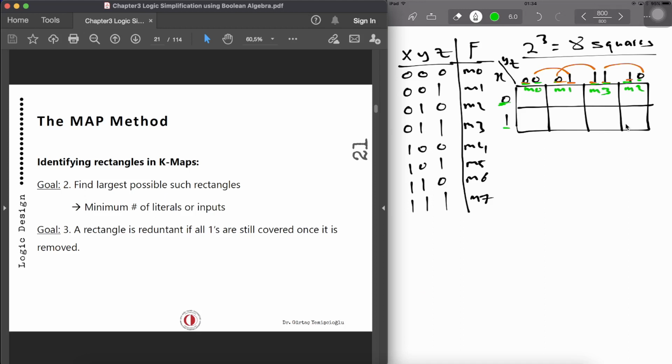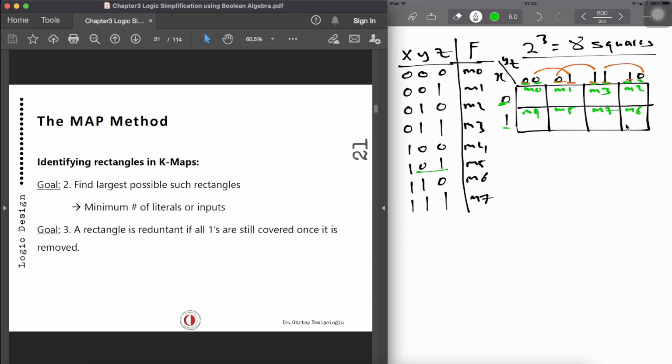Then 1, 0, 0 is minterm 4. 1, 0, 1 is minterm 5. 1, 1, 0 is minterm 6. And 1, 1, 1 is minterm 7. That's all you need to know.